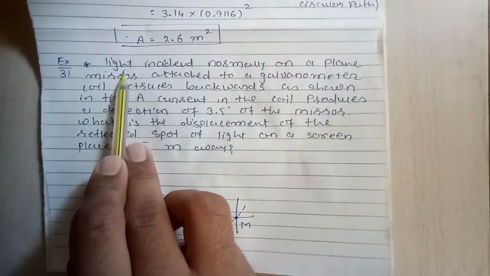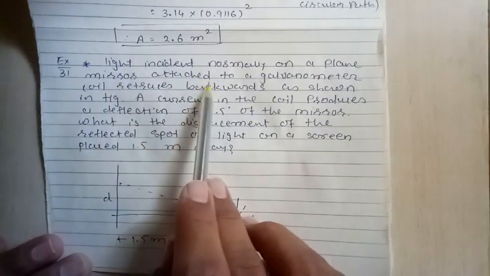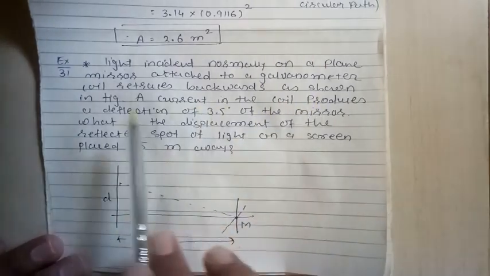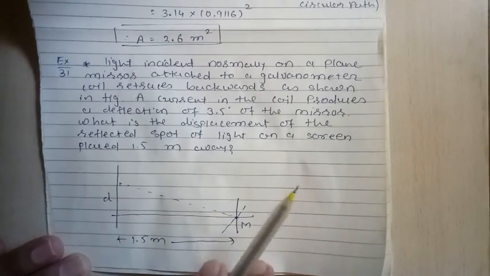Light incident normally on a plane mirror attached to a galvanometer coil retraces backwards as shown in the figure. You can see in this figure this mirror M is retraced backward.